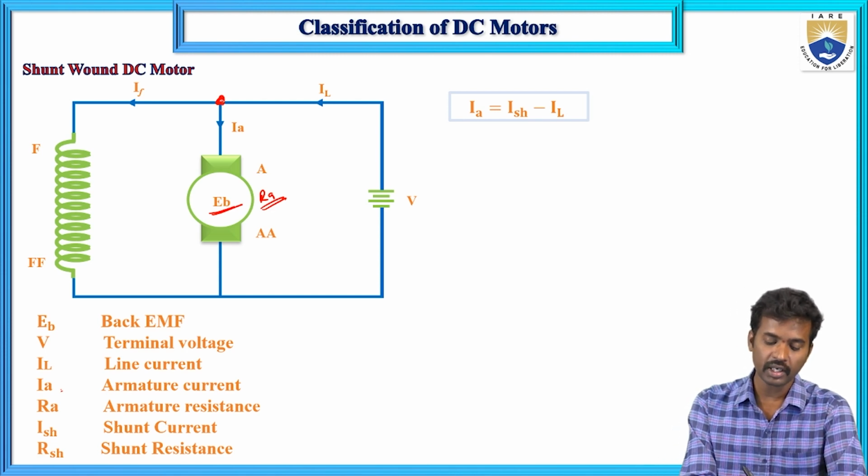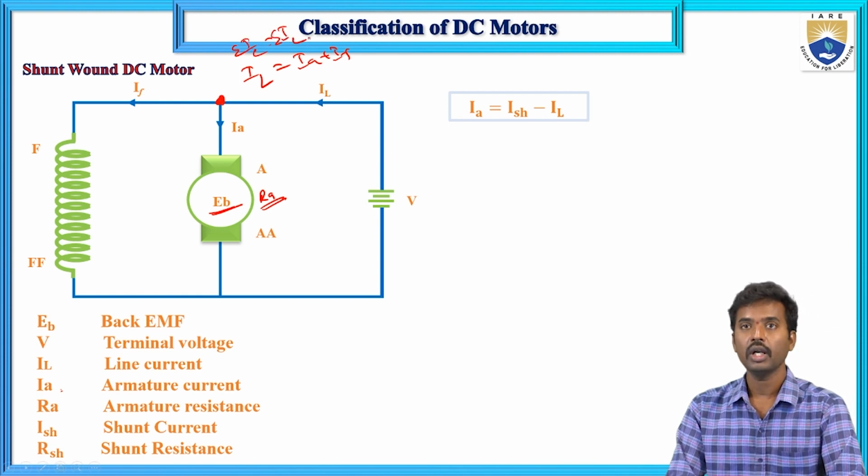Here the entering current is IL and the leaving currents are IA and ISH. So IL equals IA plus IF. Sum of entering currents equals sum of leaving currents.